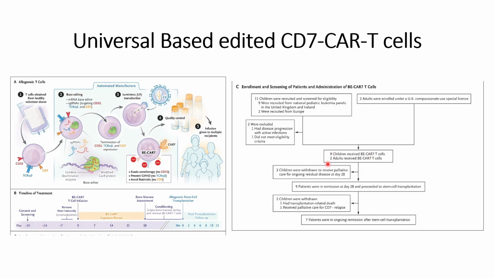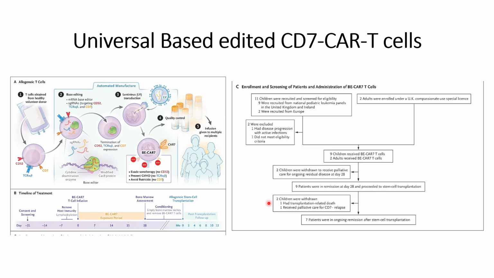So finally they used 9 children and 2 adults, and 2 children were withdrawn to receive palliative care for these 28 days. So 9 patients were in remission at day 28 and proceeded to stem cell transplantation.